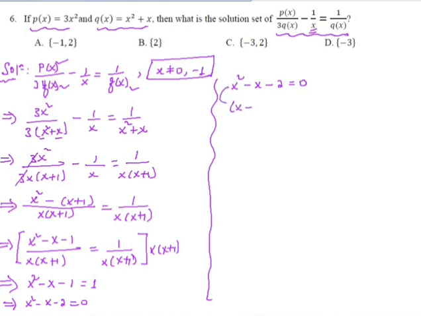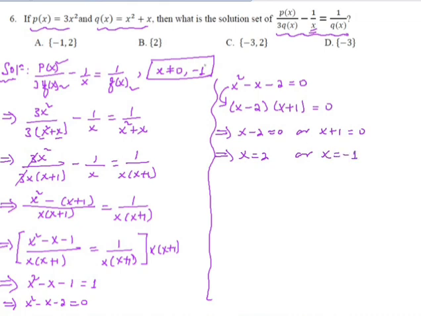The factorized form of this quadratic is x minus 2 times x plus 1 equals 0. So this becomes x minus 2 equals 0, or x plus 1 equals 0. This implies x is 2 or x is minus 1.